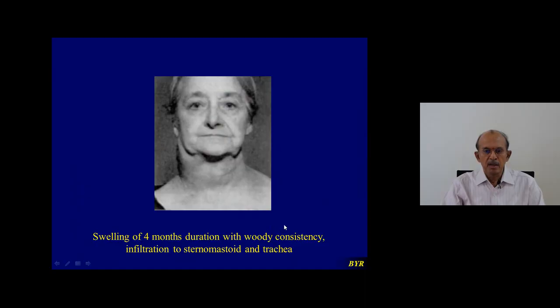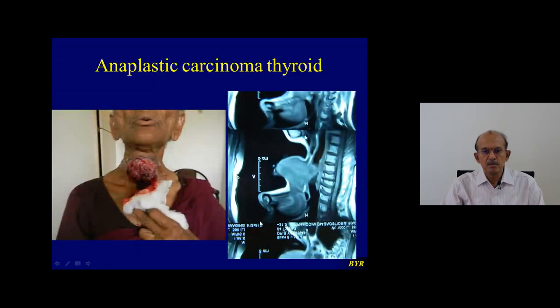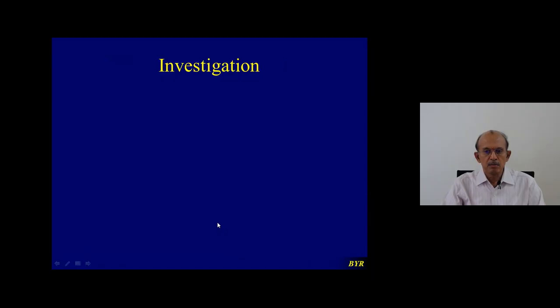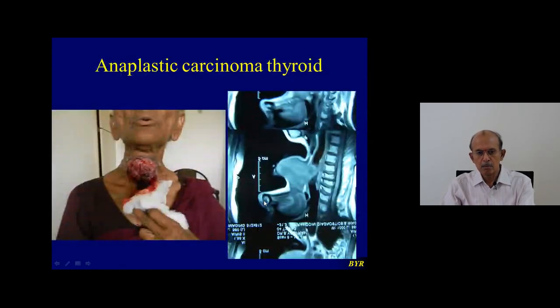You can see here a swelling of 4 months duration with woody consistency, infiltration to sternomastoid and trachea. This is a case of anaplastic carcinoma of the thyroid.